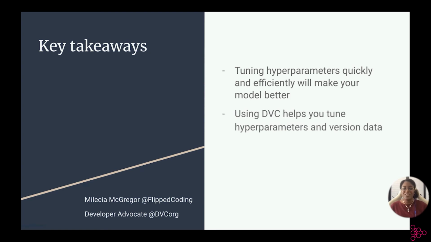And then, of course, DVC is a really good tool to use if you're doing any type of model creation because it tracks everything for you. So it helps you tune your hyperparameters, but it also versions your data. It also tracks your code changes. And that way you can even share experiments with other machine learning engineers to get feedback.